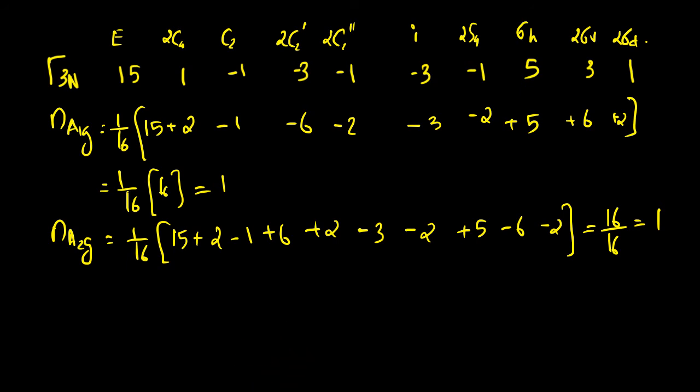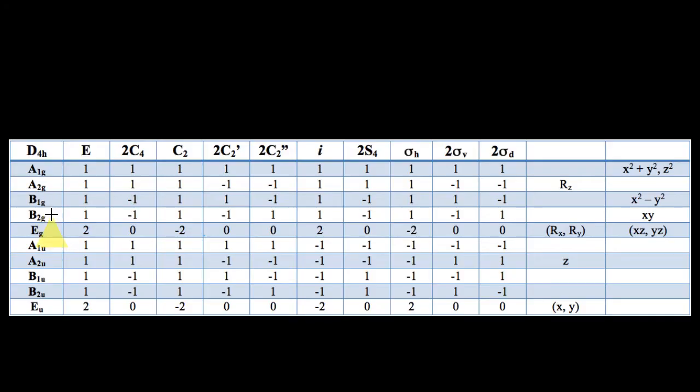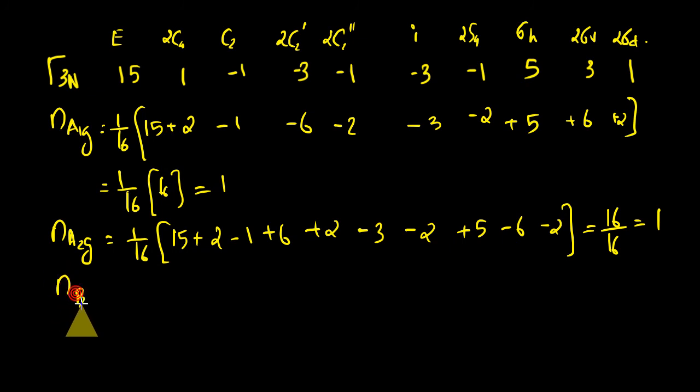Now I have to find out, for the next one, the character set for B1g. You can find n B1g in the same way, and you will see that n B1g is equal to 1. You can find that n B2g is also equal to 1, and then we will see that n Eg is also equal to 1.